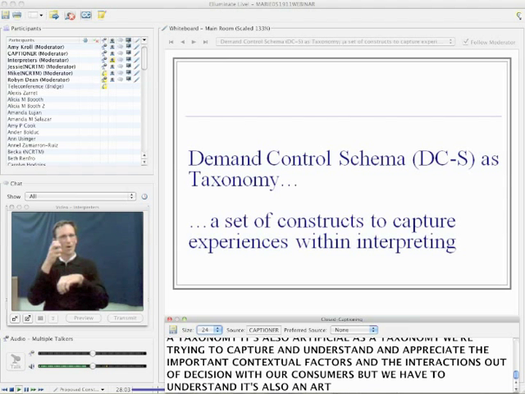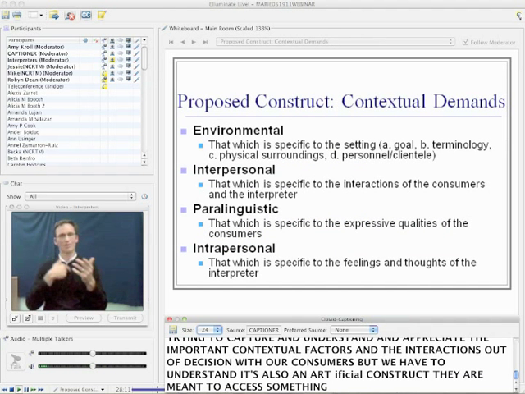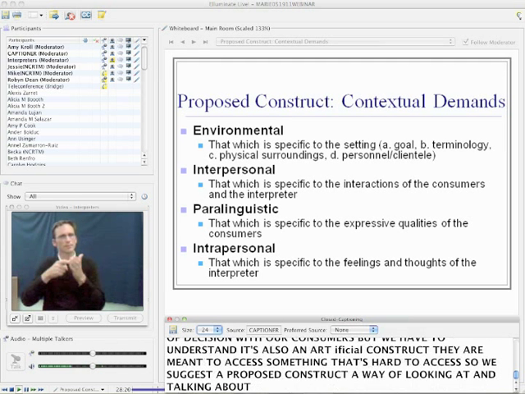Like all taxonomies do, they are meant to access something that is hard to access. So what we suggest is a proposed construct, just as a taxonomy, a way of looking at and talking about contextual demands. Here is an example of something that we'll be going over much slower throughout the time we have together. Not tonight, but throughout the time we have together.